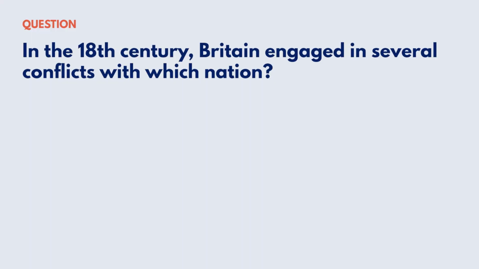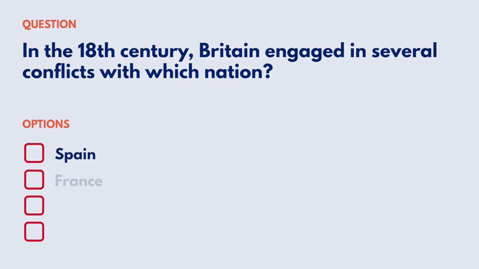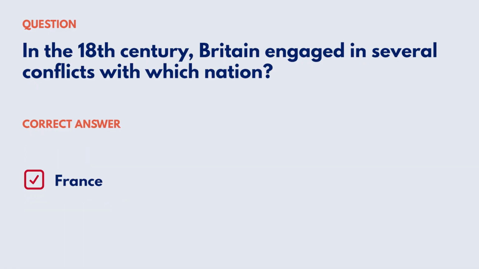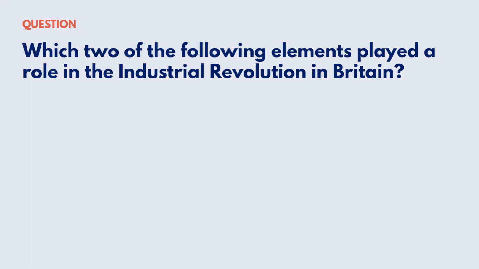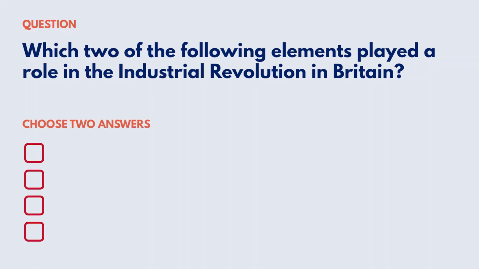In the 18th century, Britain engaged in several conflicts with which nation? Spain, France, South Africa, India. Correct answer, France. Which two of the following elements played a role in the Industrial Revolution in Britain?